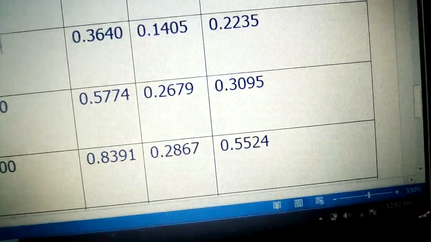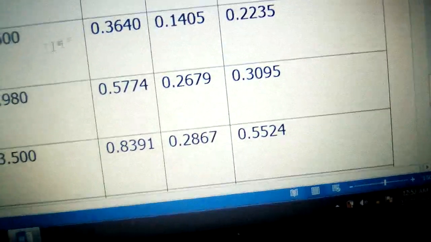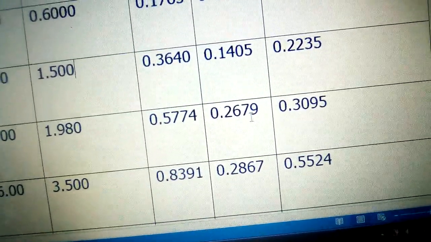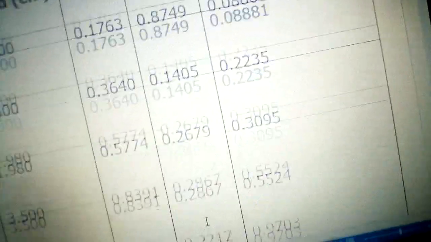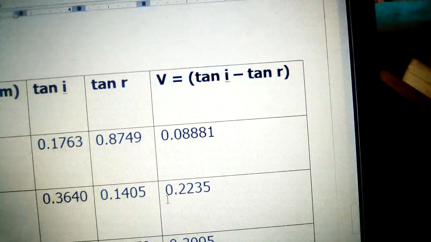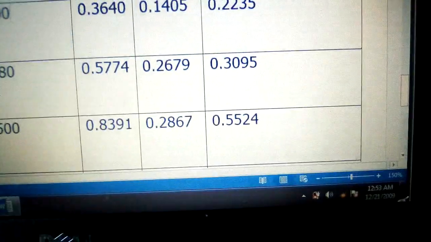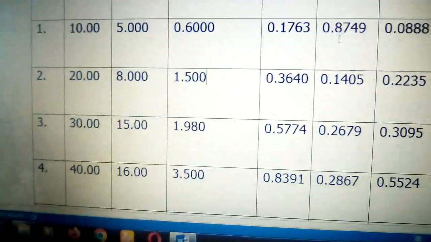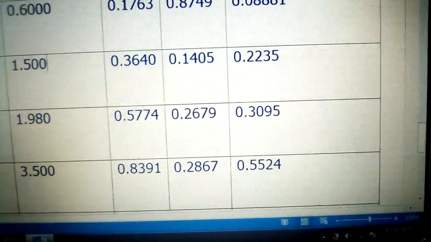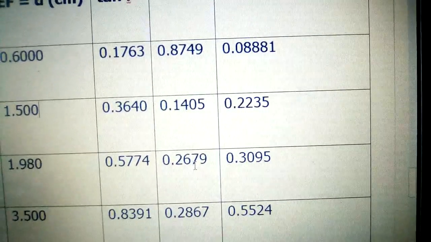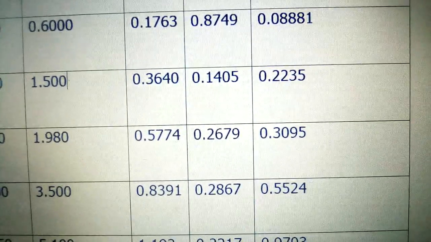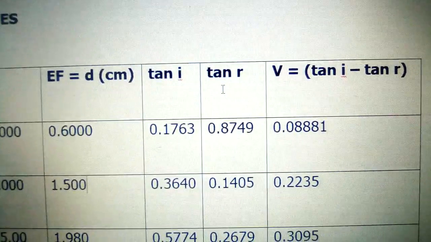Sorry, there's a mistake here. Tan 5 is 0.0875, tan 8 is 0.1405, tan 15 is 0.2679, tan 16 is 0.2867, then tan 12.5 is 0.2217. This column is for the tan of the angle of refraction.